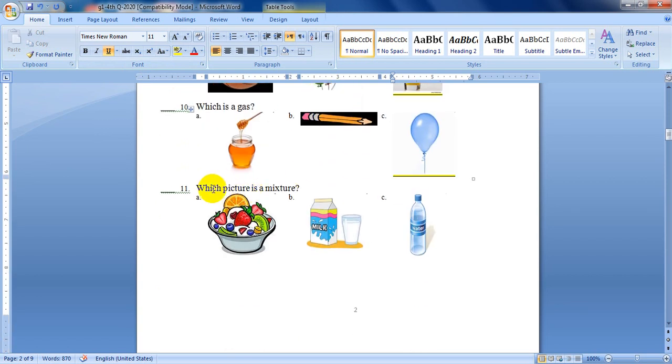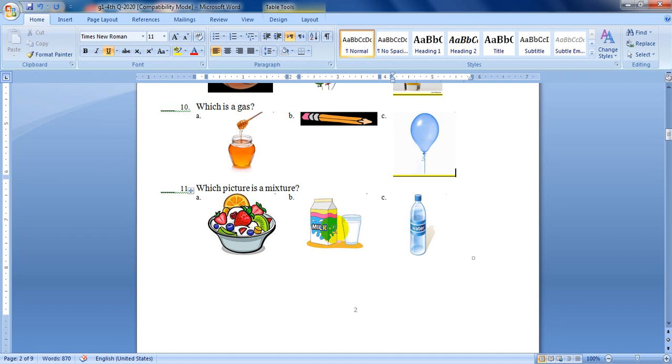Now number 11. Which picture is a mixture? Which one do you think? Letter A, B, or C? Do you remember what is a mixture? A mixture is a mix of two or more kinds of matter. Is milk made up of two or more kinds of matter?